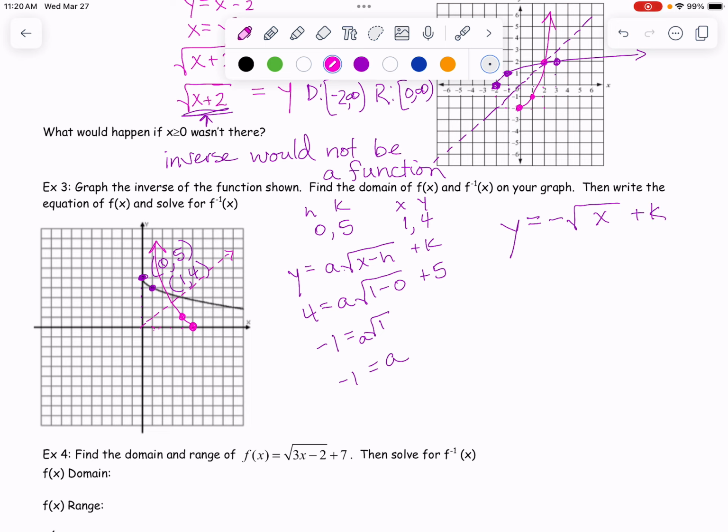Your pink one is squared. It's a quadratic. So all I'm going to do is, I forgot to do this. If I want to switch my x and my y, this would be x equals negative square root of y plus 5. So this would be x minus 5.